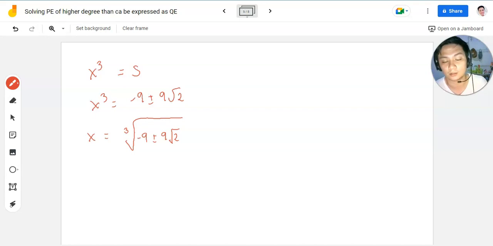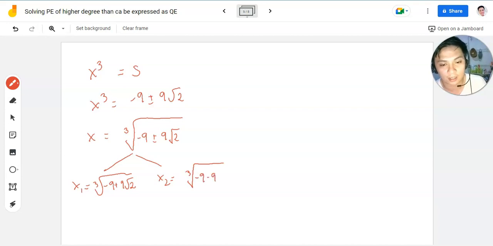So, ang target lang naman is makuha natin yung expression na equal dun sa value ng x, which we can actually split into x sub 1 equals cube root of negative 9 plus 9 square root of 2. Tapos, x sub 2 equals the cube root of negative 9 minus 9 square root of 2. Ayan. So, meron tayong cube root na nga dito, tapos meron pang square root dun. So, ganyan talaga. Okay. Nagiging complicated kapag minsan.